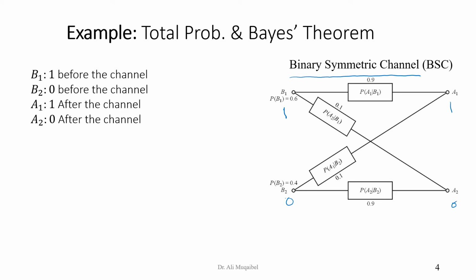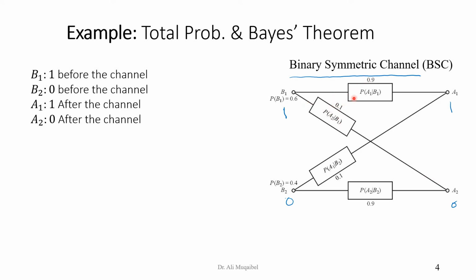But because the channel is not perfect and there is probability of making mistakes, there is crossover. So it could go from here to here, but it also could be sent as 1 and received as 0. And vice versa, you could be sending 0 and receiving 1. Of course, this branch has a higher probability of 0.9, and the probability of making an error, which is still relatively high, is 0.1.